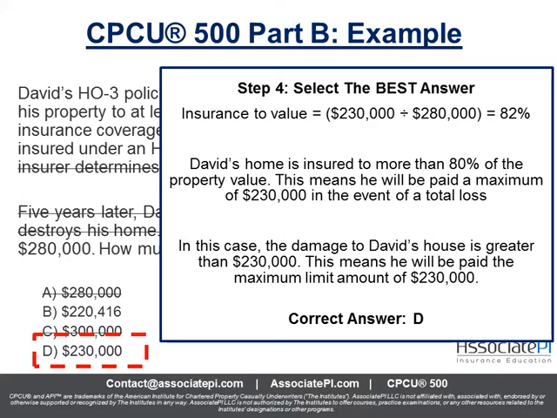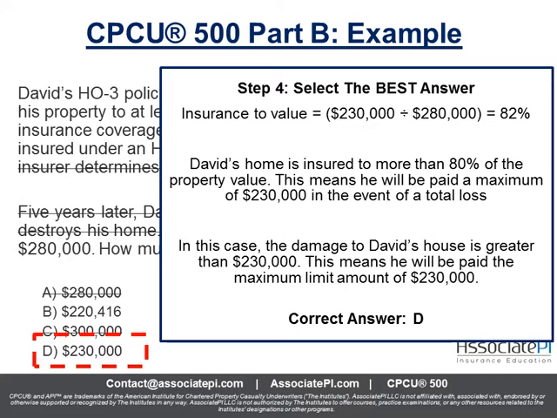So we find that his current insurance to value is 82%, and we know the insurance to value clause states that if it's insured to at least 80% or more, then the insurer agrees to pay a maximum loss up to the limit of liability, in this case, which is $230,000, which is David's home. So he's insured for $230,000. He meets the 80% criteria. That means the insurer will pay at most $230,000.